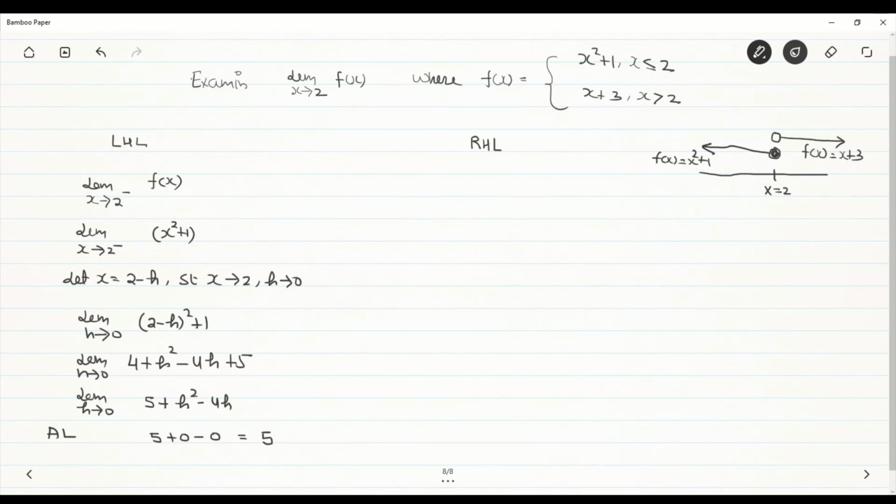Now let's talk about the right hand limit. We can see from the number line when x is greater than 2, the function is given by x plus 3. So to calculate the right hand limit, I will write it like this. And then we say let x equal to 2 plus h, such that when x is tending to 2, obviously h is tending to 0.